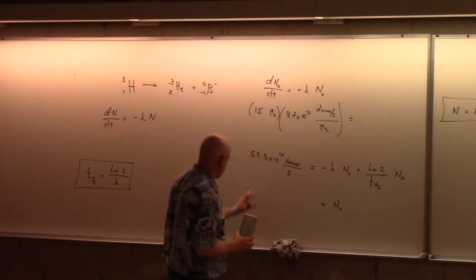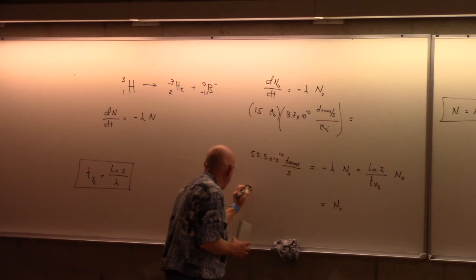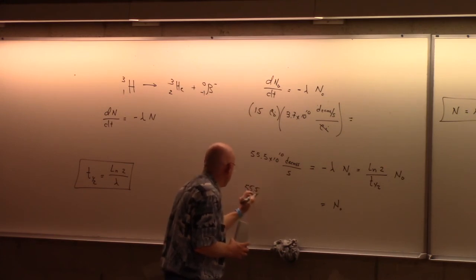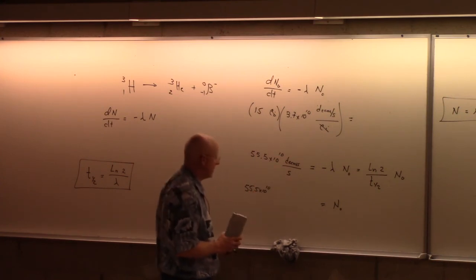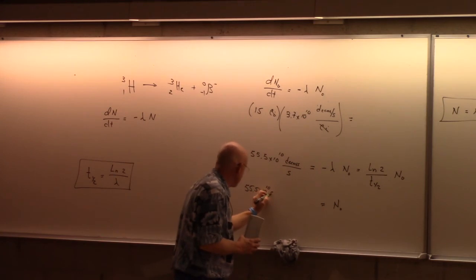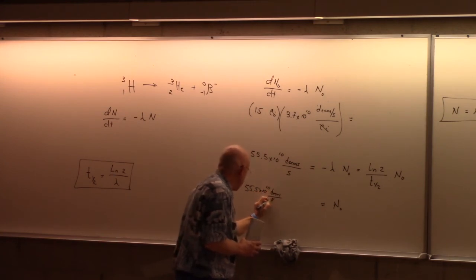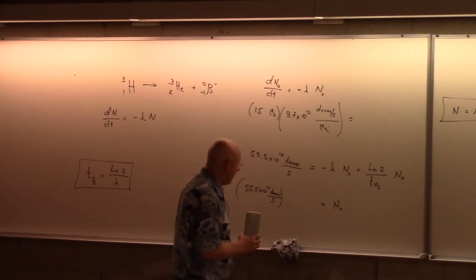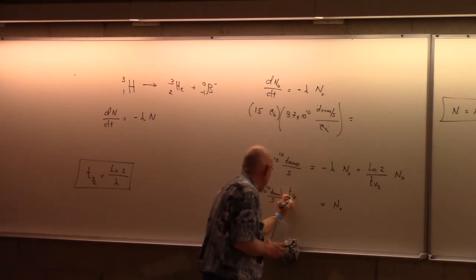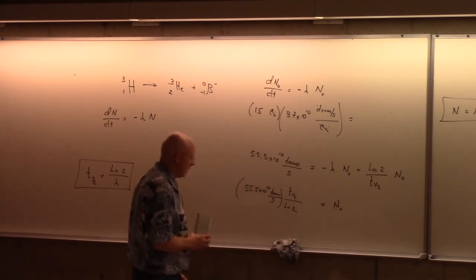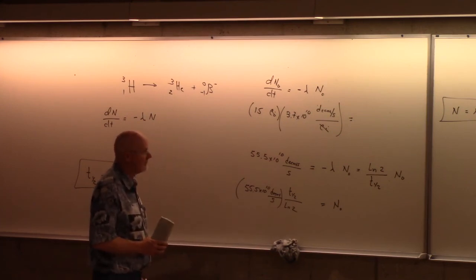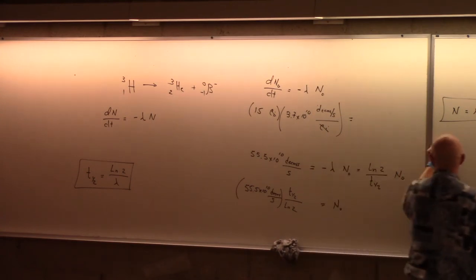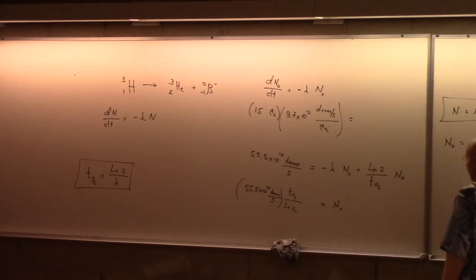It looks like it would be 5.5 times 10 to the 10th decays per second here. If I multiply it by a half-life and divide it by a natural log of 2, this will tell me how many atoms do I have.